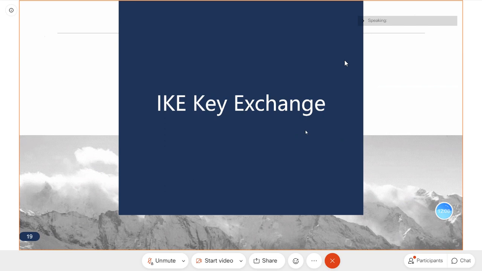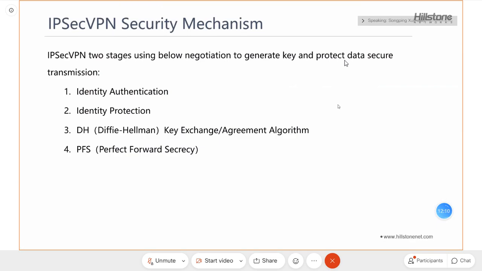IKE key exchange. The IPsec VPN uses this negotiation to generate the key and protect the secure data transmission, which includes the identity authentication, the identity protection, the Diffie-Hellman key exchange, or key agreement algorithm.